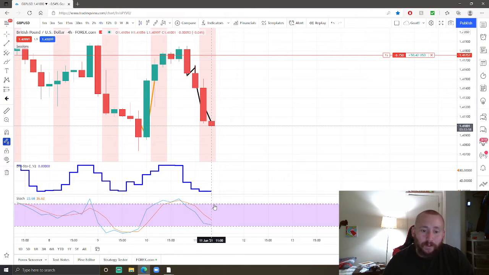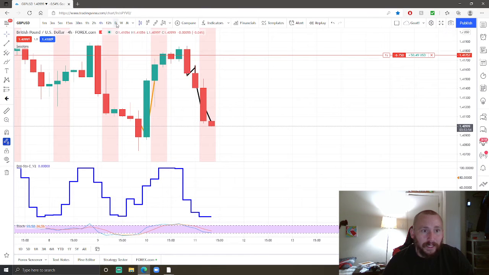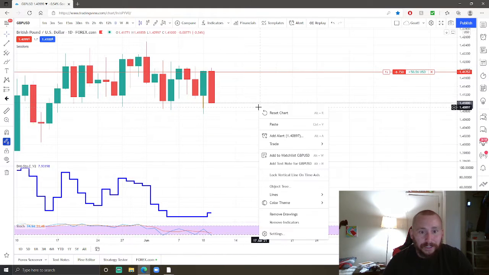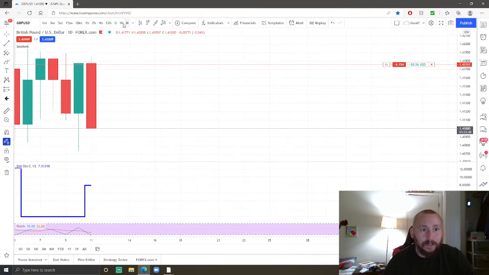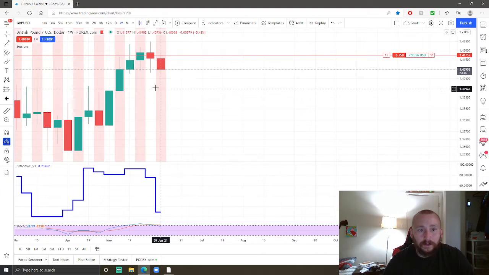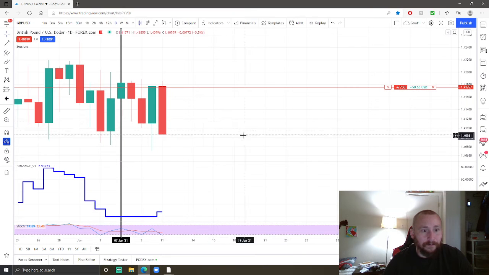Now, the other way that I determine tops and bottoms of a market is based off of price action from the weekly chart, right? So what I'll do is I'll go to the weekly chart, right? And I will create a vertical line like that, right? That's the beginning of the week. And then I'll go to the daily chart, right?